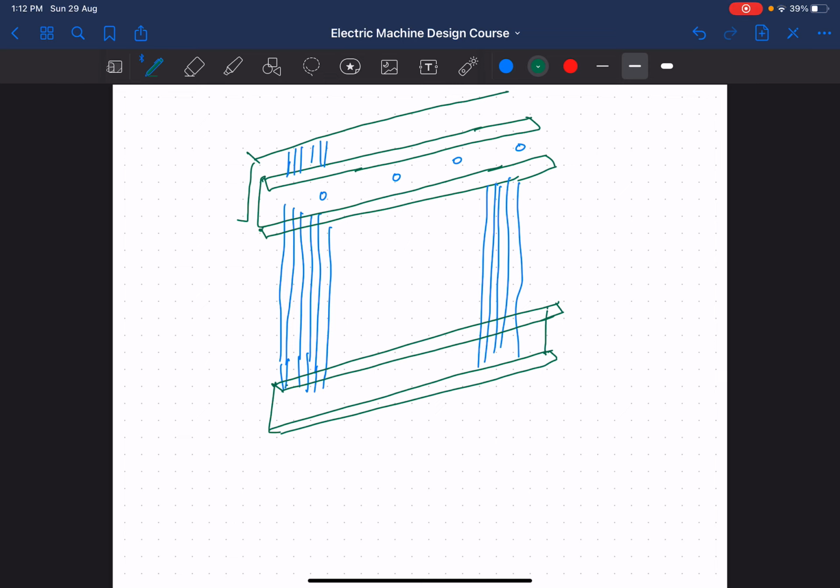Then you may have some additional reinforcements in the form of brackets here and here and here. So this is how you clamp the core.